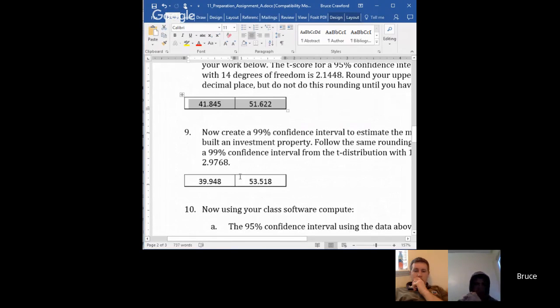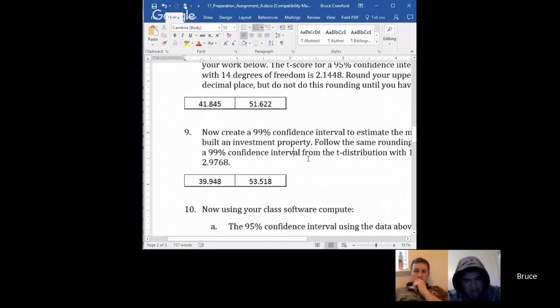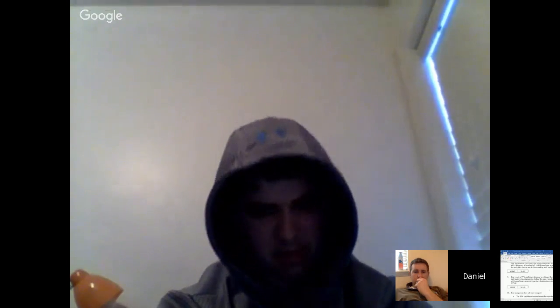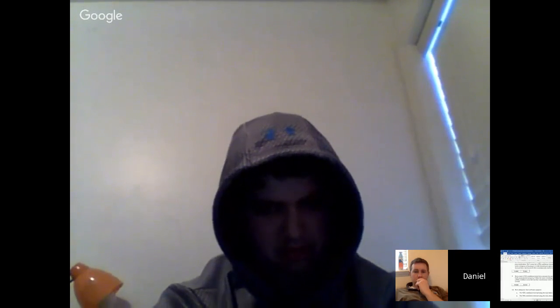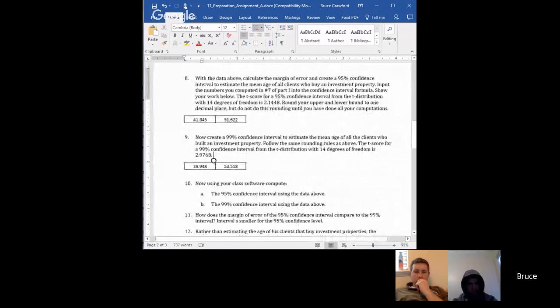It's a smaller gap. Remember, it doesn't make any sense, but the higher your confidence gets, the wider your interval gets. Logically it should be the other way around, but it's not. I remember that. So the 95% would be smaller than the 99%. Yes. Don't ask me why, but it is.